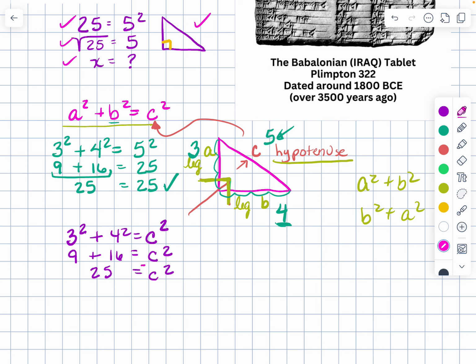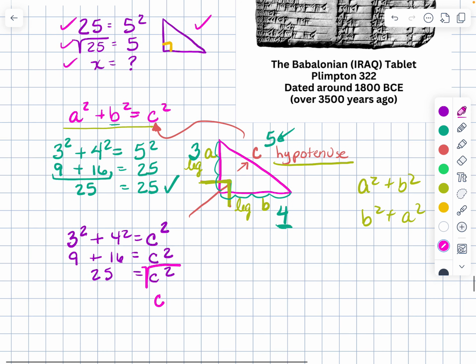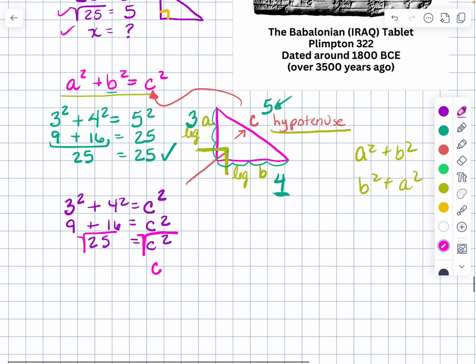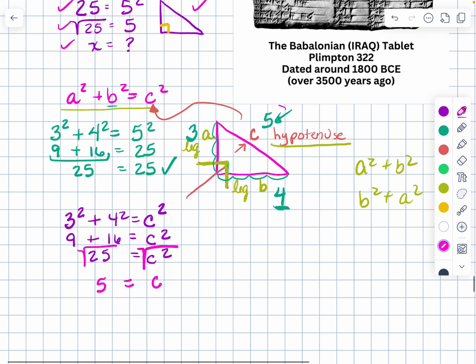Okay? The square root of C squared is just equal to C, because C squared is a perfect square, right? Just like 25 is a perfect square. But if I take the square root of the right-hand side of this equal sign, I have to take the square root of the left-hand side. And the square root of 25 is 5, because 5 times 5 is 25. Now I've got C is equal to 5, which is what we expect to get, right?